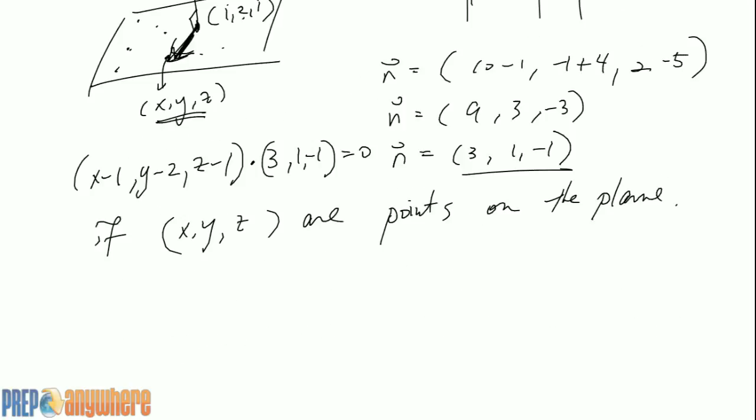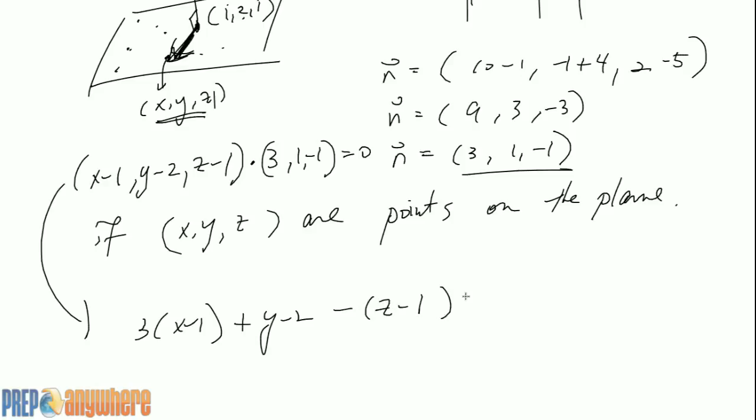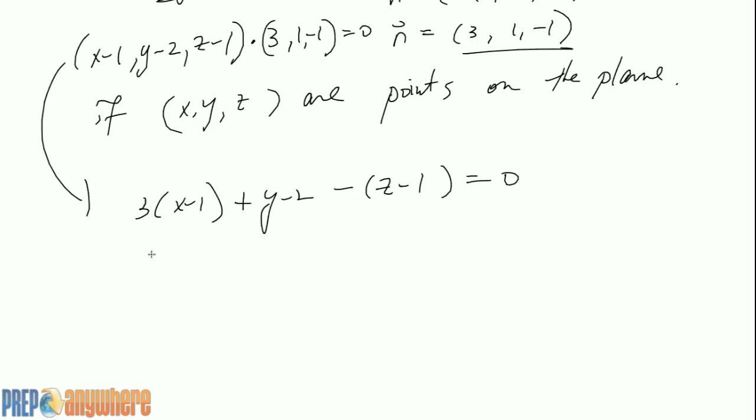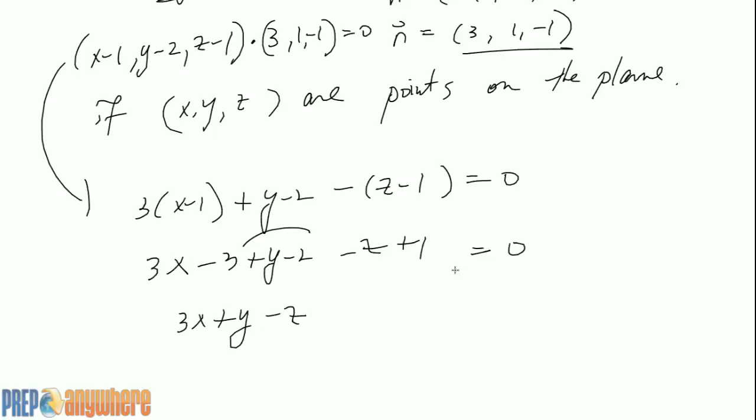Look, let's do the dot product. 3 times x minus 1, plus y minus 2, minus z minus 1. Expand. Let's put the variables first. Minus 5, minus 4. This is a scalar equation.